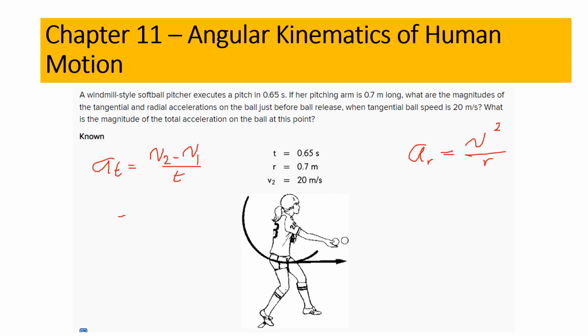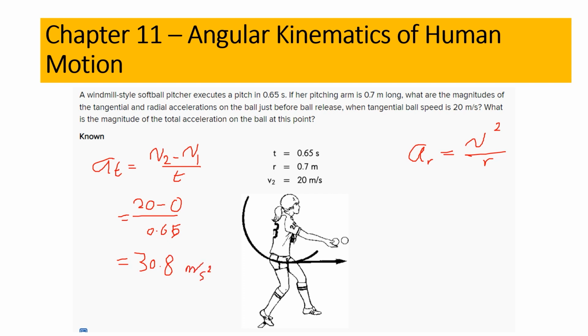Correct? So here, what do we have? The tangential speed is 20 meters per second, so that is our final. So that's 20 minus 0, because she starts from 0, over the time, which is 0.65, right? And if you do this, you will get 30.8 meters per second square.